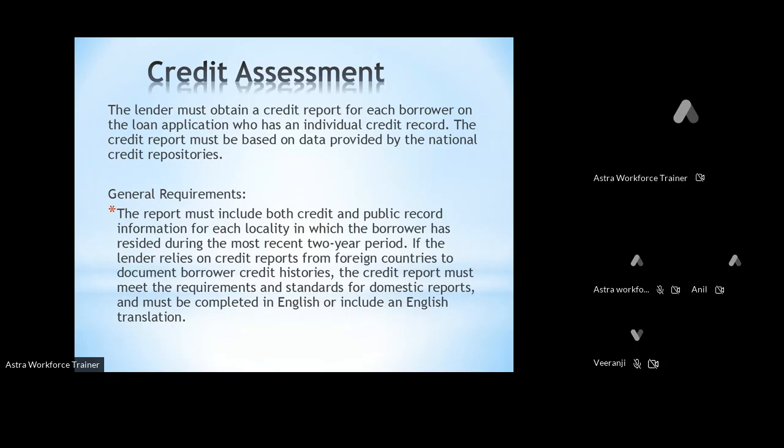In the credit report, all the information of the borrower, all the debt details, all the default information or dispute information, all the public record information, everything will be available. As a credit underwriter, our job is to verify each and everything.